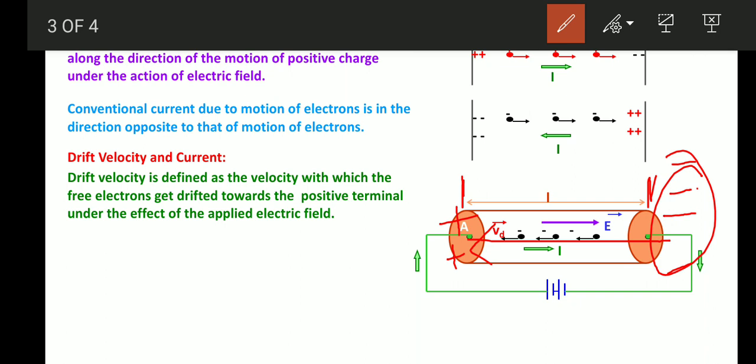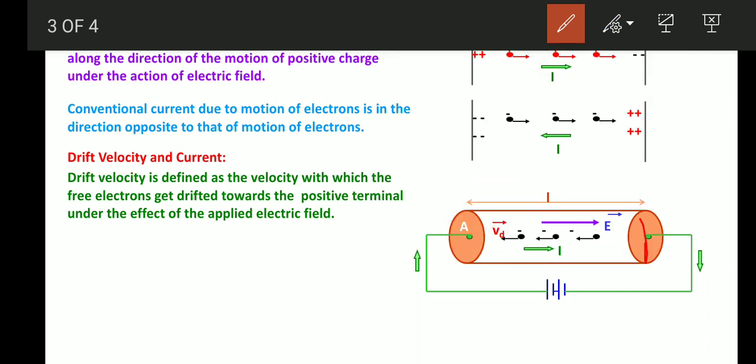So once again, what is drift velocity? The electrons present at terminal B will be drifted towards the positive terminal. That means you are making the electrons move from terminal B to terminal A with the help of an external electric field. So you are drifting the electrons.